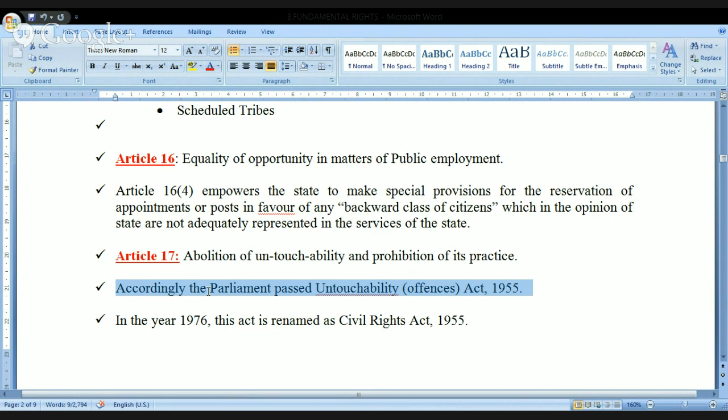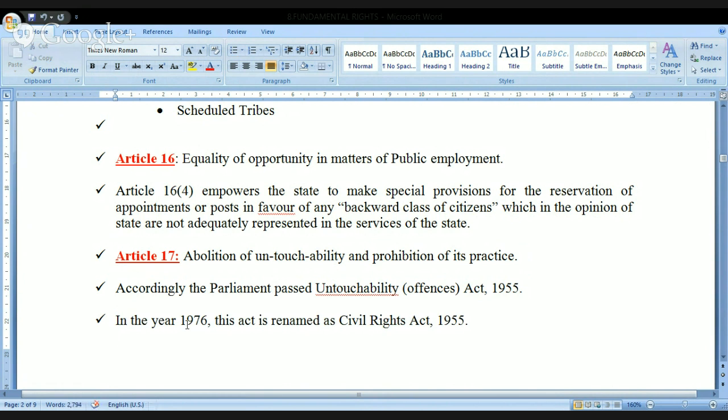If somebody violates a law mentioned in the Constitution, the Parliament should come out with other legislation on what type of punishment should be given to such people. In the year 1976, this Act was renamed as the Civil Rights Act of 1955. Originally, it was called the Untouchability Offences Act. Now it is called the Civil Rights Act of 1955.